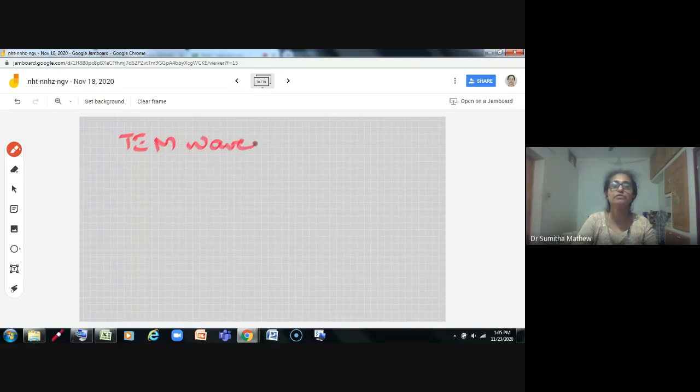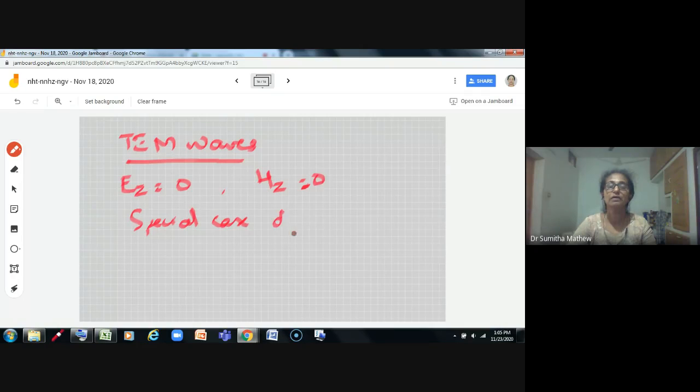So what are TEM waves? They are the case where Ez is equal to 0 and Hz is equal to 0. It's a special case of TM waves, where both electric field and magnetic field components are 0 in the direction of propagation.